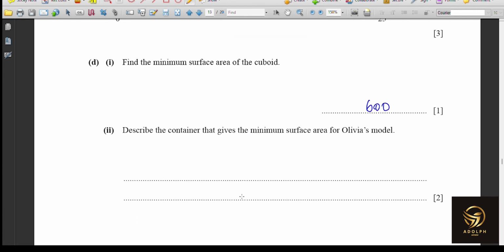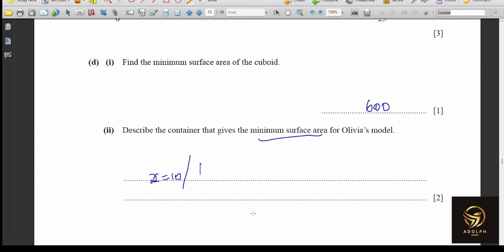Then describe the container that gives the minimum surface area for Olivia's model. So if it's giving the minimum surface area, we can check what the x value is, because we have to tell what container it becomes. We know that it's a cuboid, but let's see what value it's giving for the 600, because they mentioned minimum surface area, that we got 600. For the 600 we have the x value as 10.